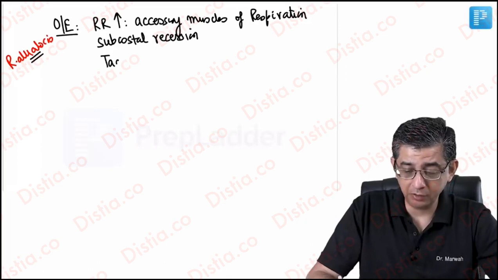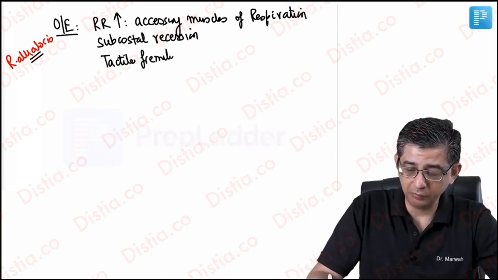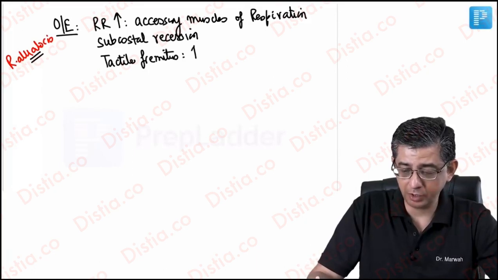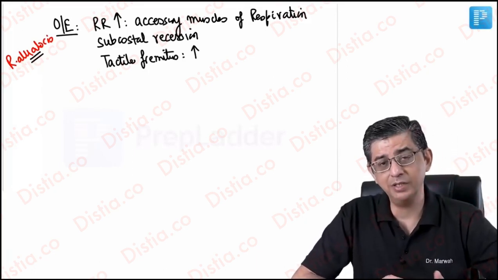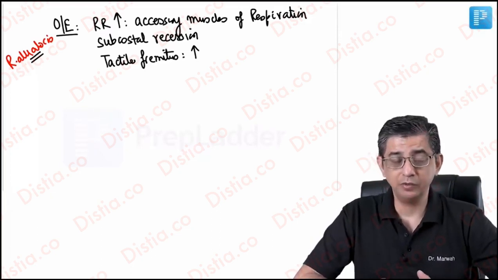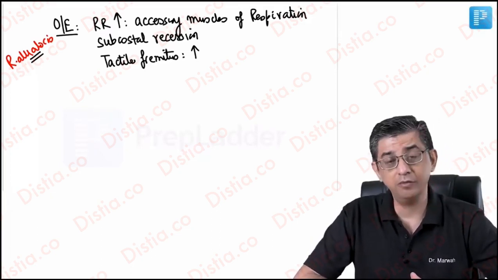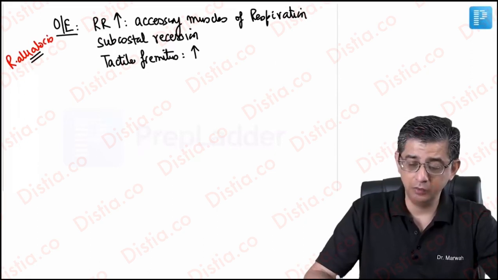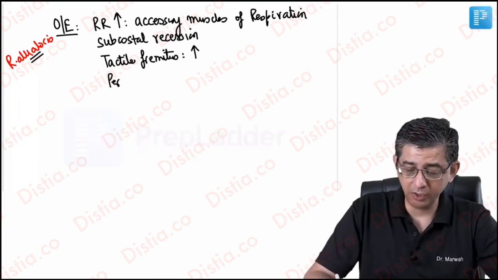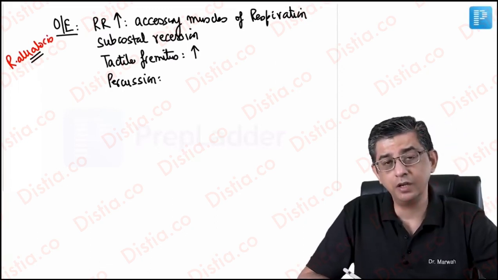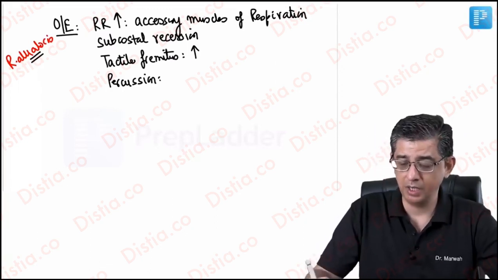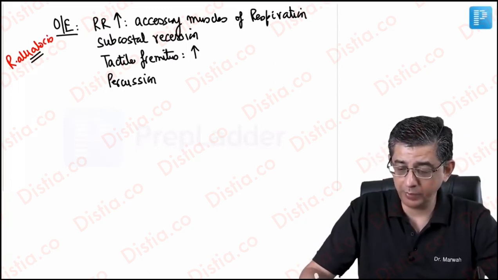Now come the traditional findings with respect to lobar pneumonia. You will be checking tactile parameters because the lung has become solidified, because there is pus present, there is presence of alveolar exudate, so tactile fremitus is increased, vocal resonance is increased, and when you do percussion over the chest, normally the percussion over the lung is resonant, but in this case the percussion note will be found to be dull.